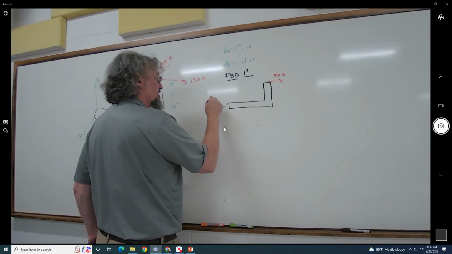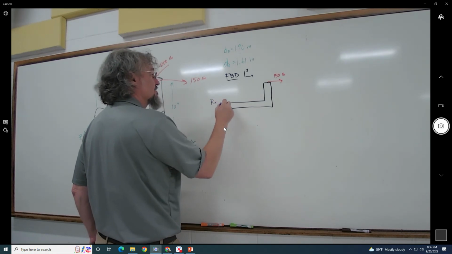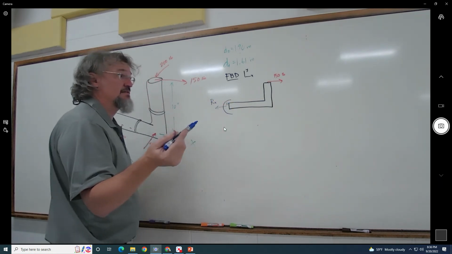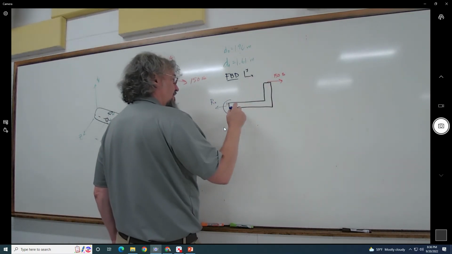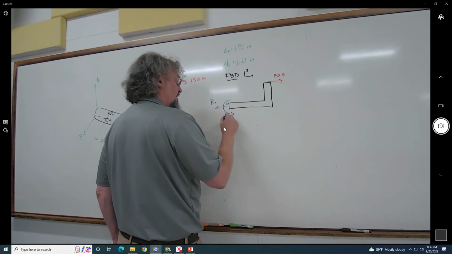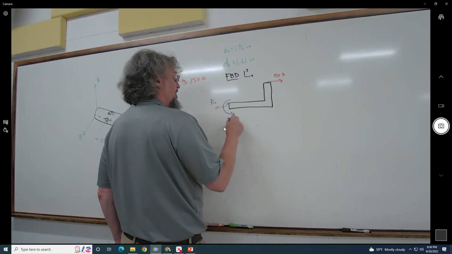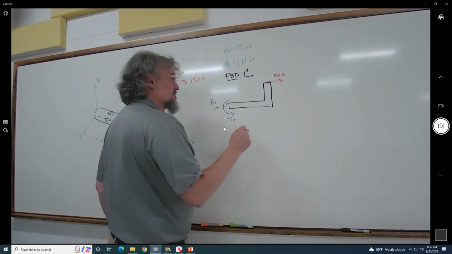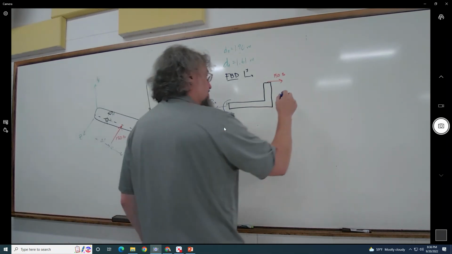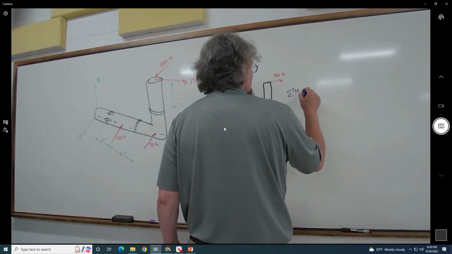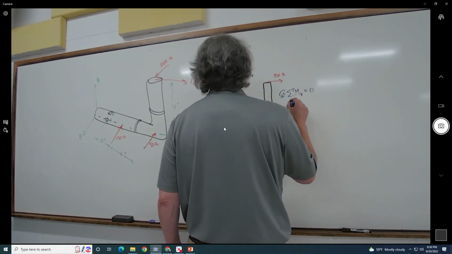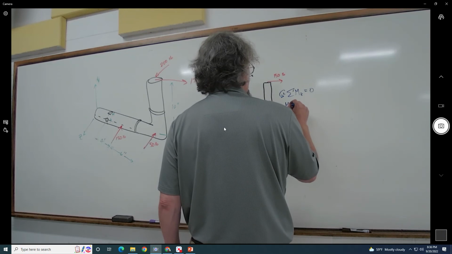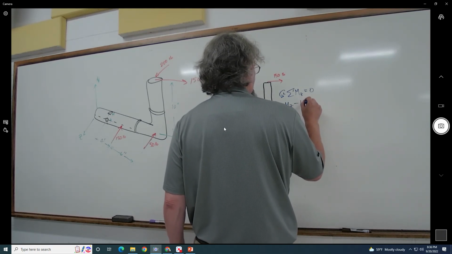And so I'm going to call this guy my Rx. And then this is easy enough because I can pick out my moments. This guy is going clockwise, so this guy's going to go counterclockwise. And I'll call him Mz. And I could do my sum of the moments about the z-axis equals 0 and take Mz minus 150.